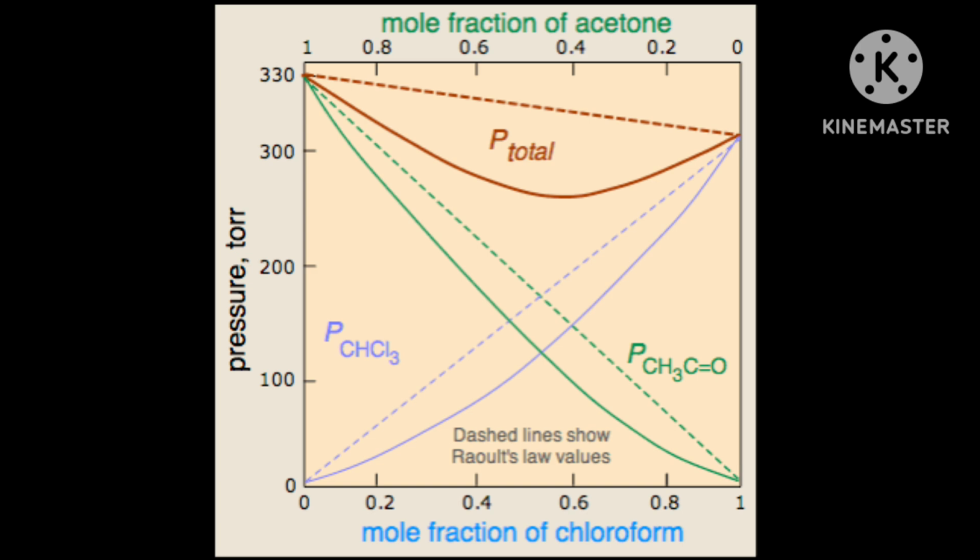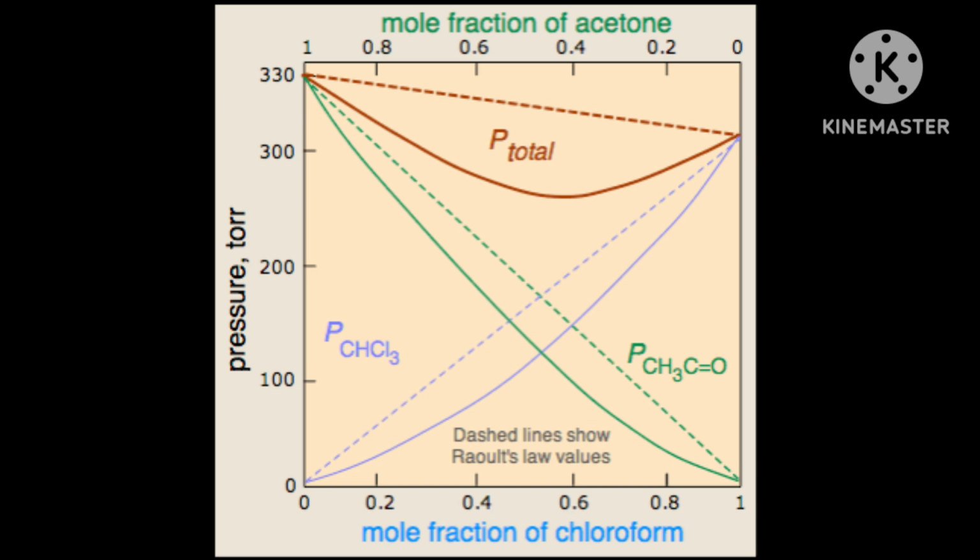Example I am telling you: solution of n-hexane and n-heptane. Hexane means 6, n means normal. N-hexane and n-heptane. Heptane means 7. Both are ideal solutions. Means they will behave ideally.